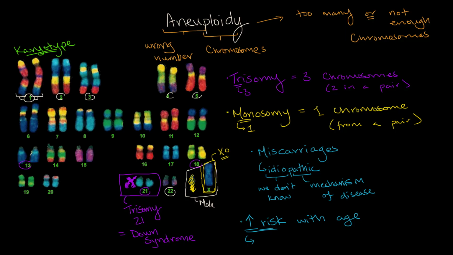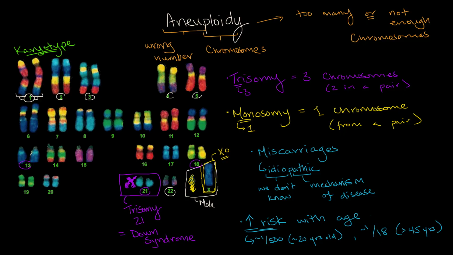And just for ballpark numbers, the risk of having aneuploidy when you're 20 is about 1 in 500 live births. So every 500 births, you might expect one birth to be a trisomy or a monosomy, and that's someone who's 20 years old. And that risk increases to 1 in 18 live births, approximately. So these are approximate numbers. So approximately 1 in every 18 live births will be a trisomy or monosomy for someone over the age of 45.